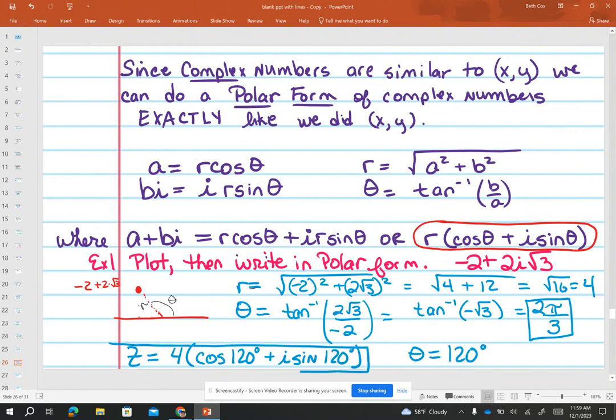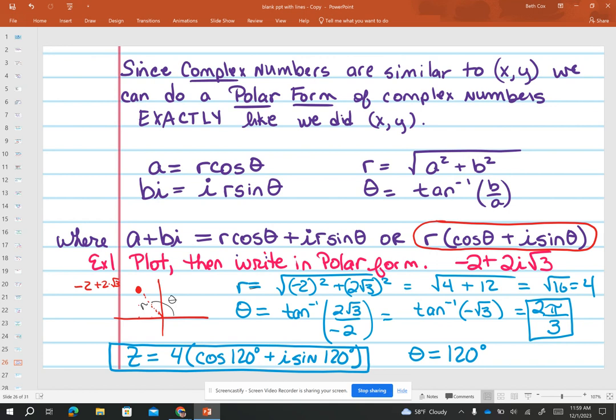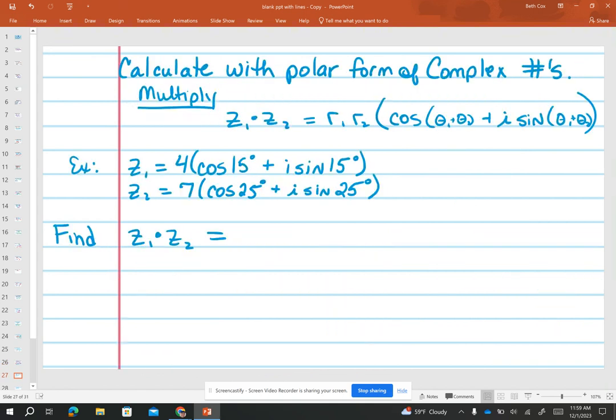That is the polar form of that complex number. All right, let's put that. There we go. Okay.